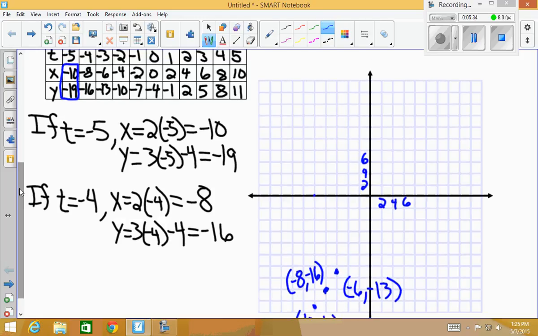So t starts with its smallest value, -5, and it's increasing up to its largest value, 5. So where are we? -4, -10. -2 and -7. 0 and -4.